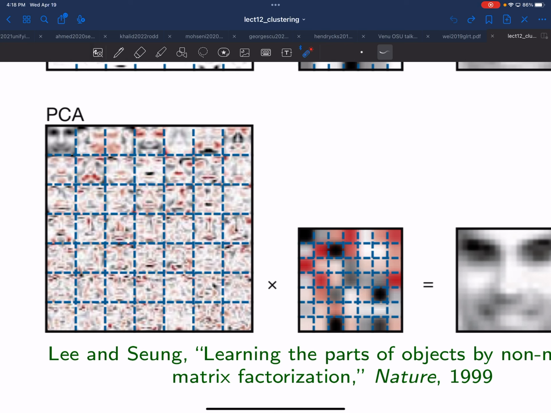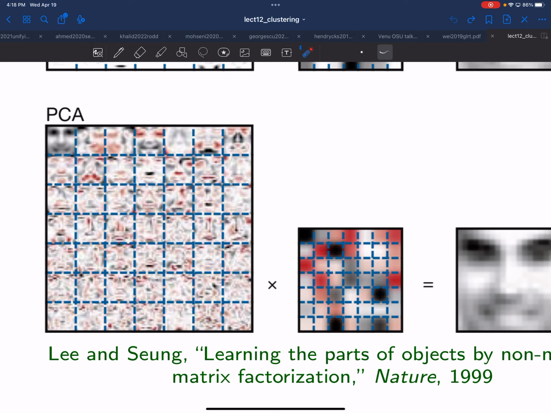So to construct this face, we're taking the mean face, multiplying it by 1, and then we're adding onto that this eigenface multiplied by this small positive number, plus this eigenface multiplied by this small negative number, and so on, 48 times.